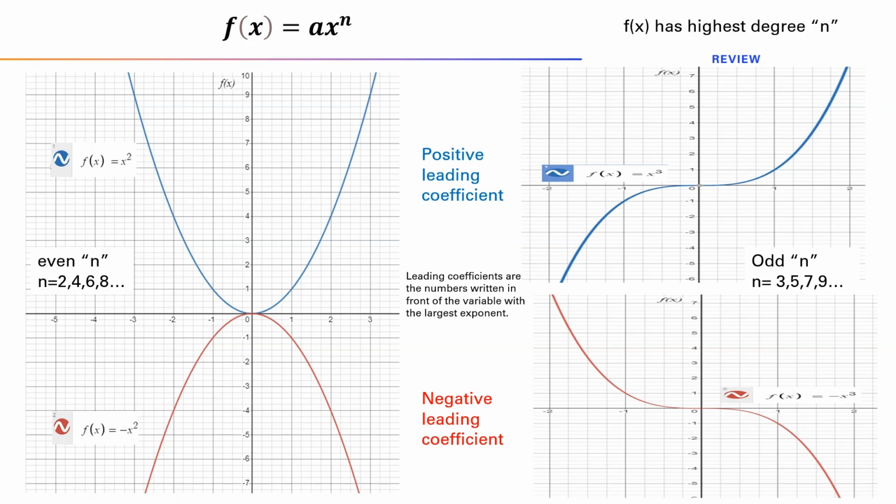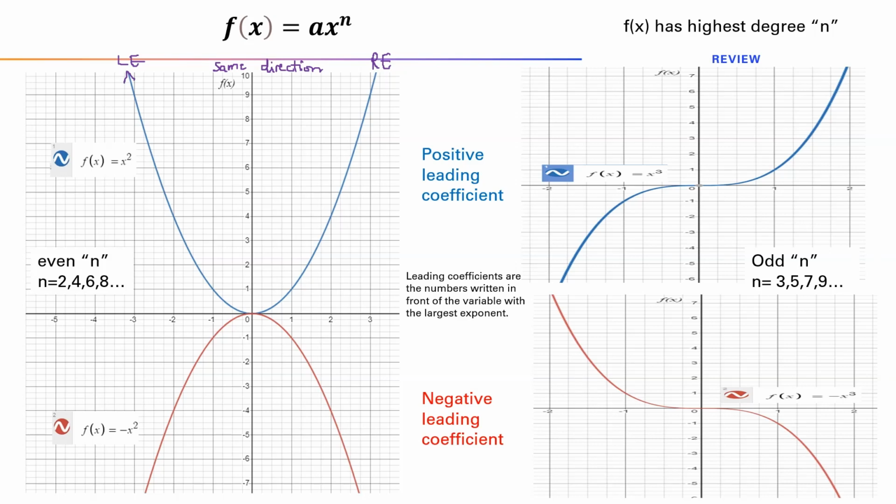So they will follow certain characteristics when we graph them. If we have the even n, the left end and right end are always in the same direction.